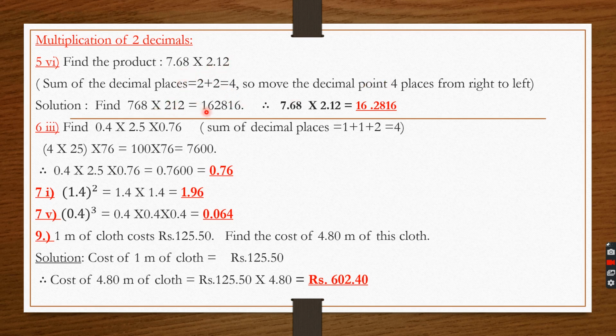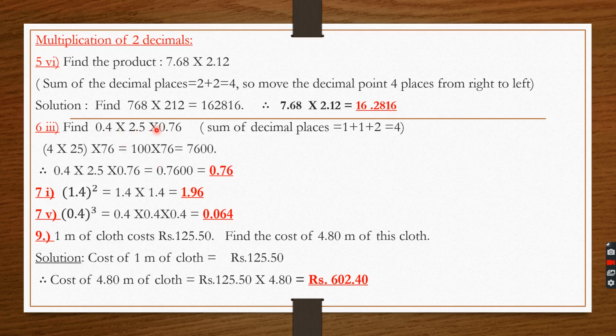You are getting this answer as 1,62,816. Here the actual decimal place is here when there is no decimal place. In this, 4 decimal places have to be moved. 1, 2, 3, 4. That we will get as 16.2816.